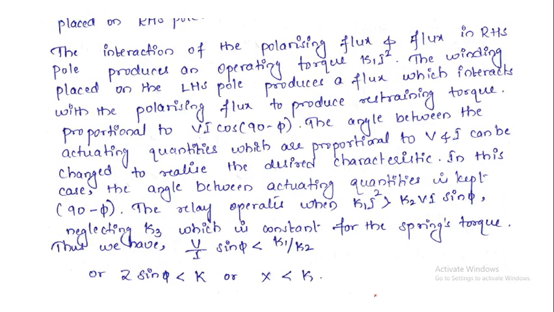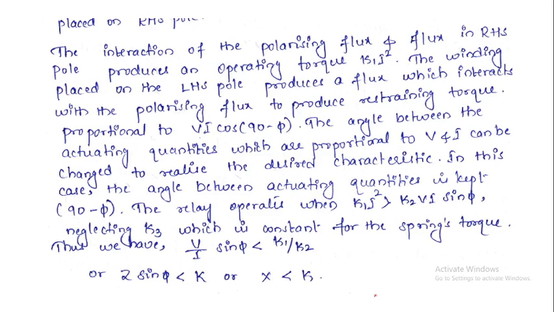So the angle between the actuating quantities which are proportional to V and I. Here we have taken the actuating quantities as current and voltage. So the angle difference between these two quantities can be changed to realize the desired characteristics. In this case, the angle between actuating quantities is kept 90 minus phi.